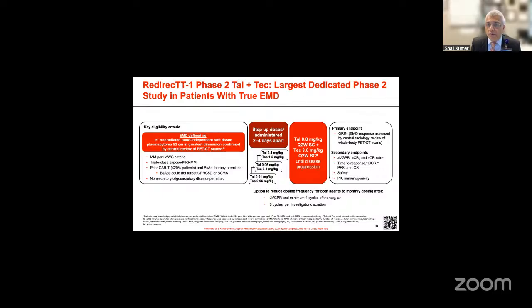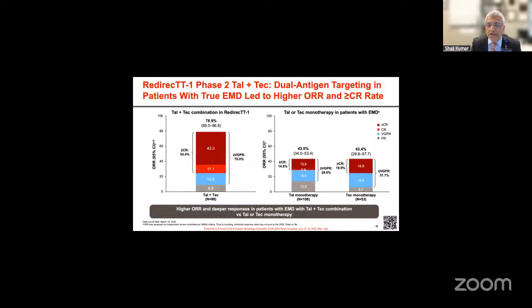We treated them with a combination of 2 different bispecific antibodies, so teclistamab targeting BCMA and talquetamab that's targeting GPRC5D. And you can see that in this difficult to treat patient population, nearly 80% of these patients actually responded, 70% VGPR rate, 55% CR rate. And these treatments actually were much better than using either of the bispecific antibodies individually.